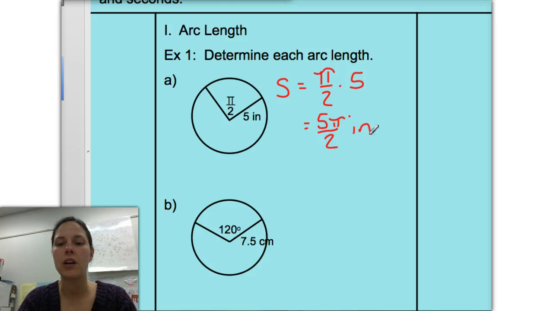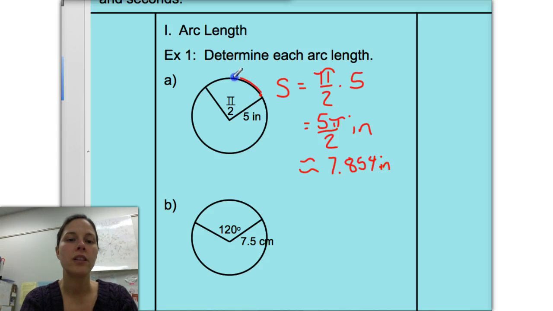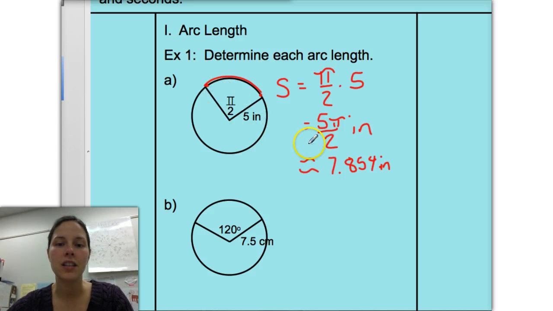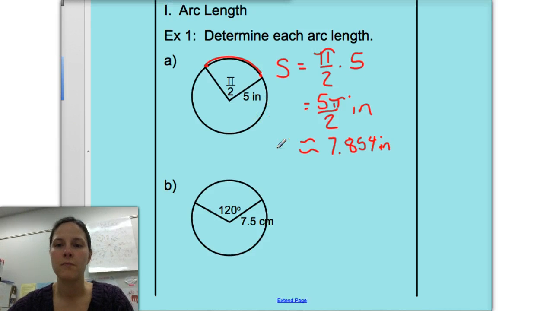So we've got 5 pi/2, as well as a decimal form, which in this case is 7.854 inches. So again, as a reminder, if you were traveling along this circle along the intercepted arc, you would travel about 7.8 inches.